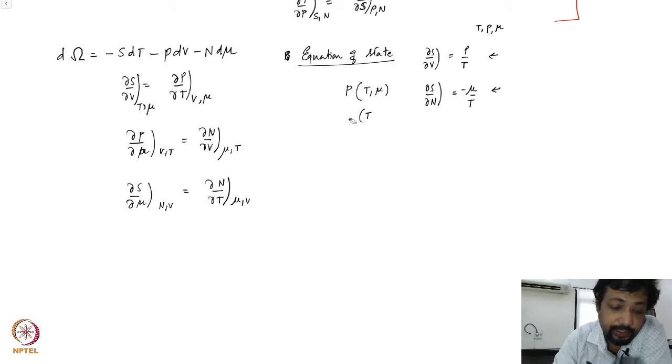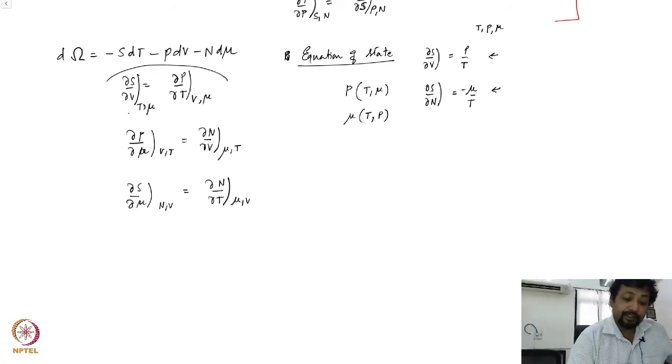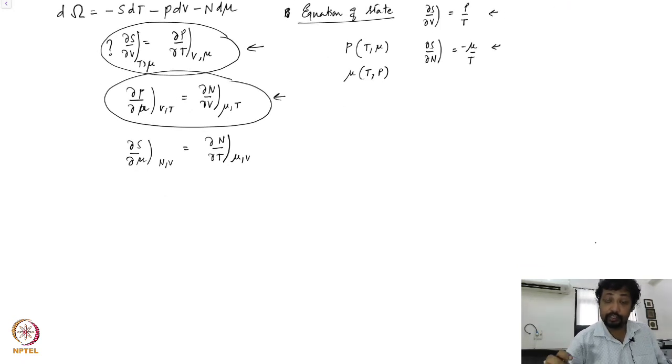You can also write down μ as a function of T comma P. So these derivatives essentially are very useful in relating. This might be a very complex derivative which is not straightforwardly accessible to you, but you can easily relate it. So this is one of the uses of Maxwell's relations.